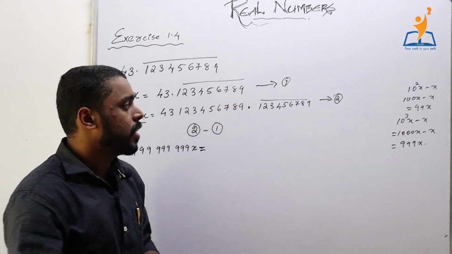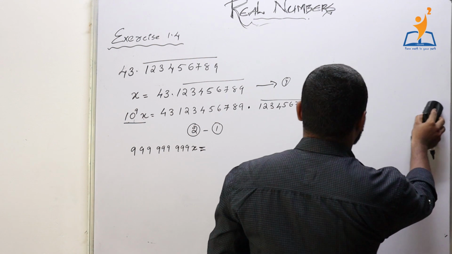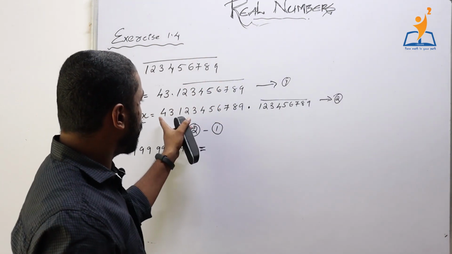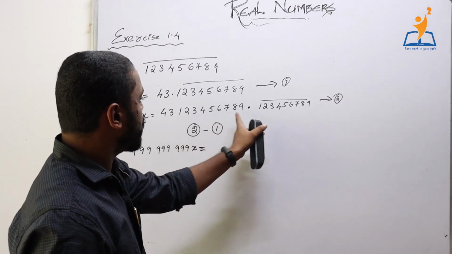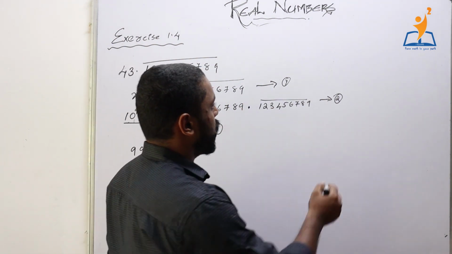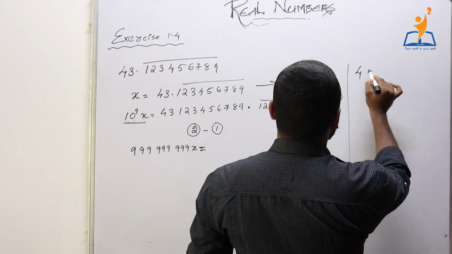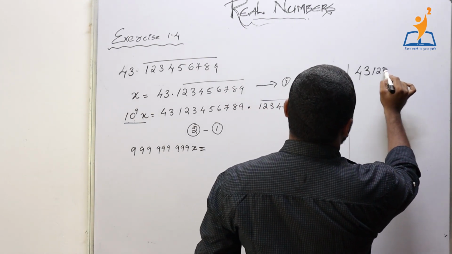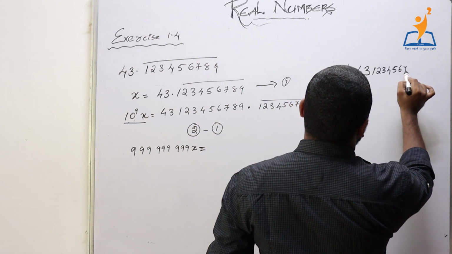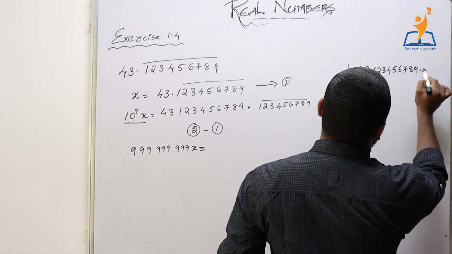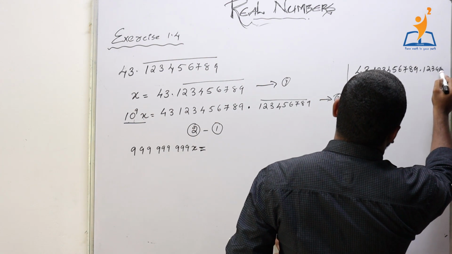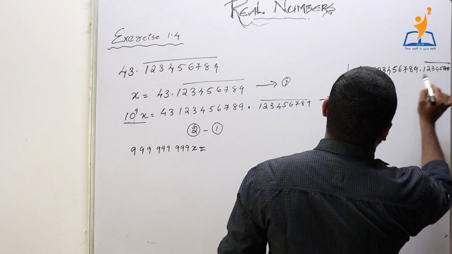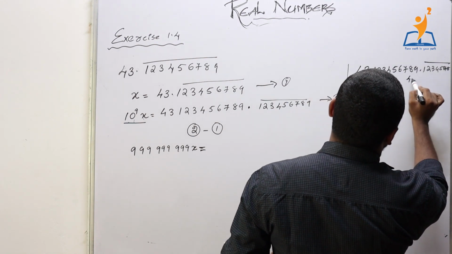Equal to, how can we evaluate that? This is a difference, so we can find the difference directly. 43 point this, and we should subtract this from this. Listen very carefully, this is very important. We are subtracting 43 point.